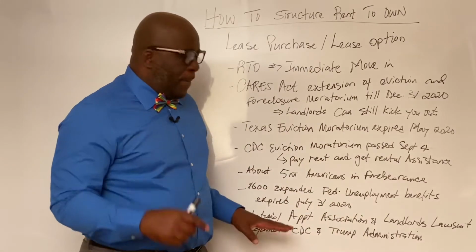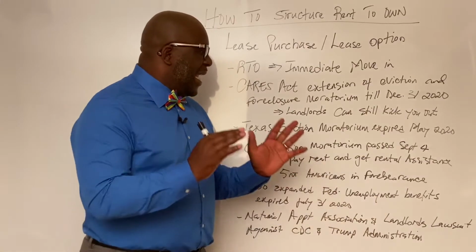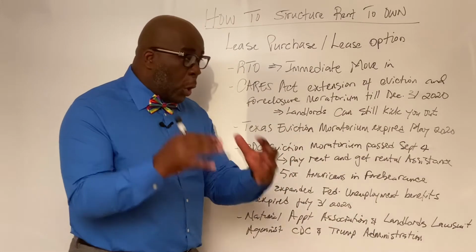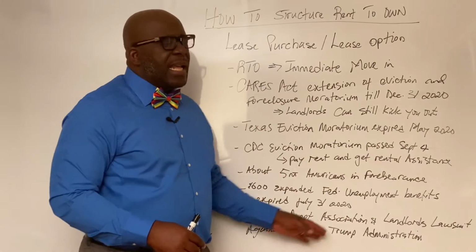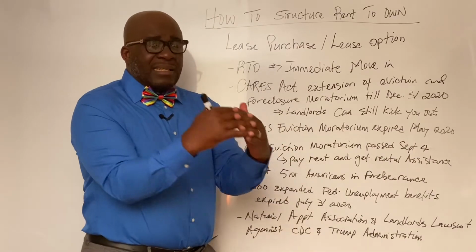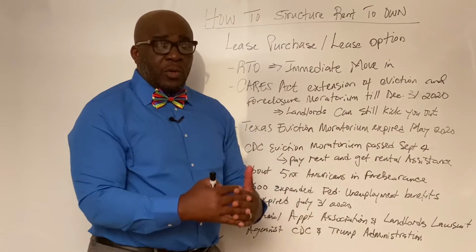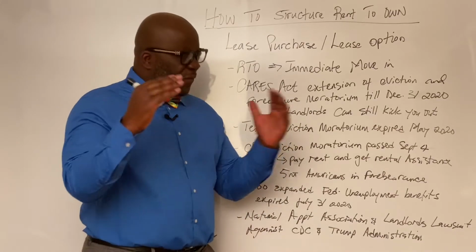The National Apartment Association and landlords now have a lawsuit in federal court against the CDC and the Trump administration. They are saying extending eviction moratoriums is unconstitutional. So there's a fight from every angle.